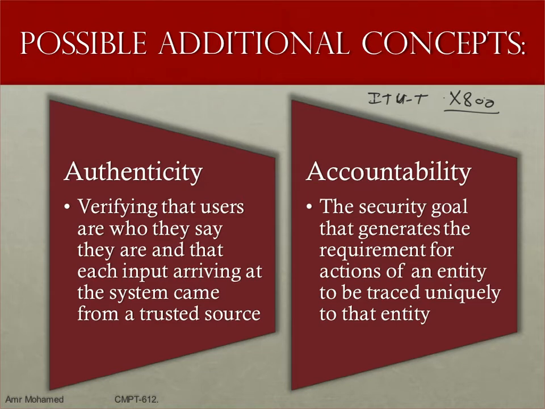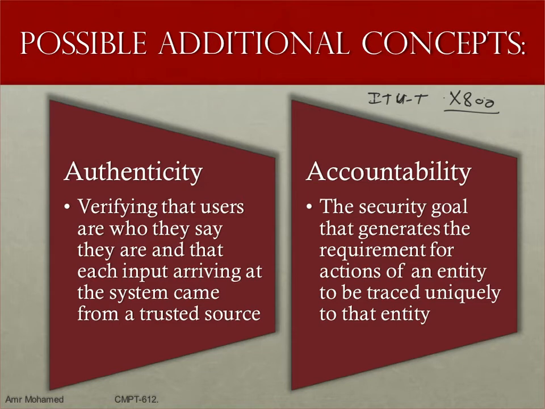So authenticity here talks about the fact that we have to make sure that the person or the individual who is accessing this data or this service is really the person who says he or she is. Okay? We need to make sure that if Amr is accessing this data, that it's really Amr and not someone else.